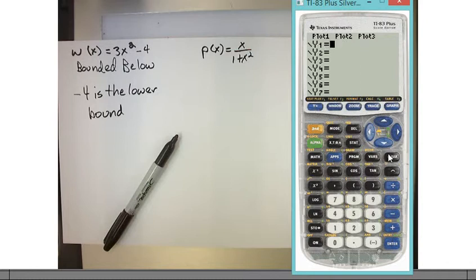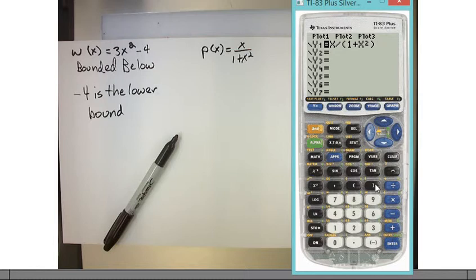So let's go in here and try to do the second one. So the second one is x divided by the quantity 1 plus x squared. Now, we'd never want the denominator to equal 0. However, because x is squared and we're not subtracting that value, you're going to have 1 plus a positive value.